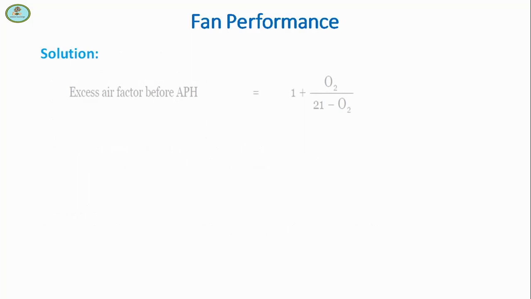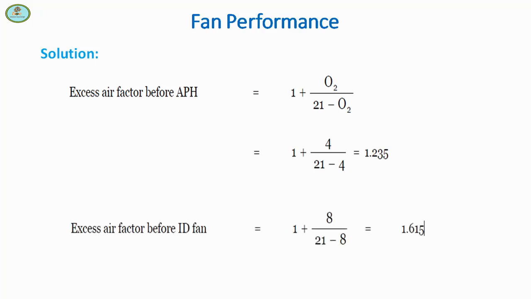So excess air factor before APH can be calculated by 1 + O2 divided by (21 − O2). Putting the values, 1 + 4 divided by (21 − 4) is equal to 1.235, and excess air factor before ID fan is 1 + 8 divided by (21 − 8), which is equal to 1.615.